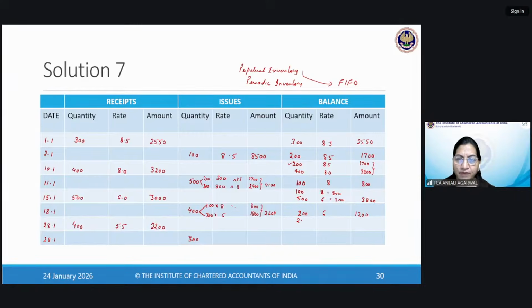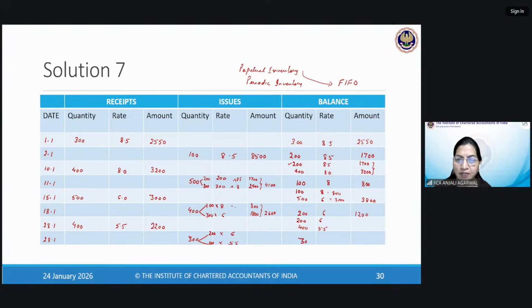Then you have another lot received, 200 into 6 and 400 into 5.5. So once again, 300 units are to be issued. First, this 200 will go, and then another 100 will go from here. So 200 will go at the rate of 6 and 100 will go at the rate of 5.5.